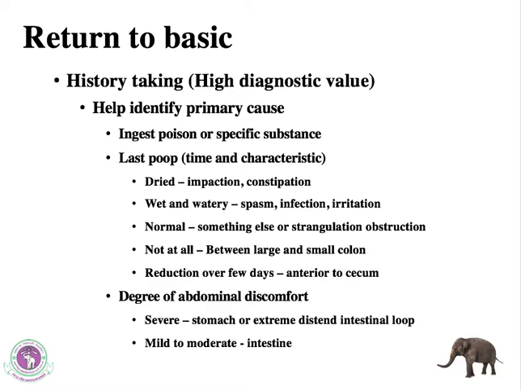The first one is history taking, which has very high diagnostic value in this species. In most cases it helps identify the primary causes, for example ingestion of poison or specific substances, and the history of the last poop, its time and characteristics. If it's dry, it usually indicates impaction or constipation. If it's wet and watery, it usually indicates spasm, infection or irritation of the bowel.